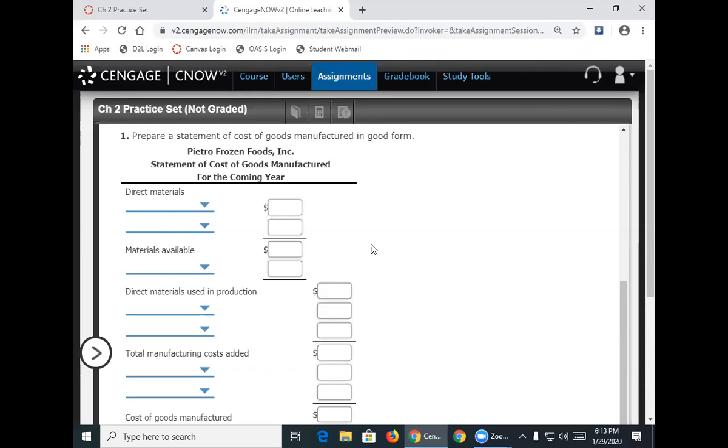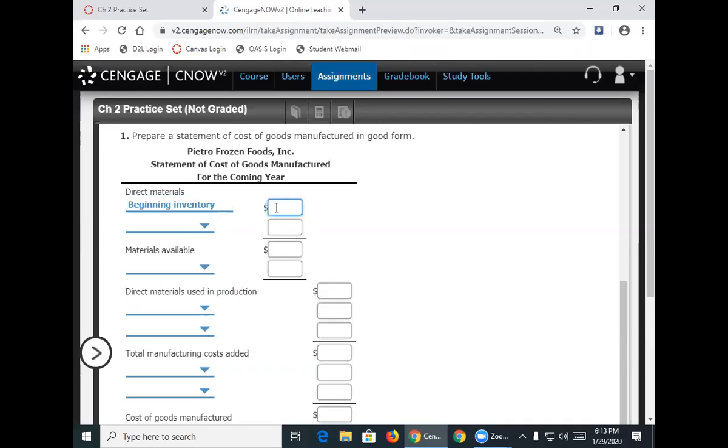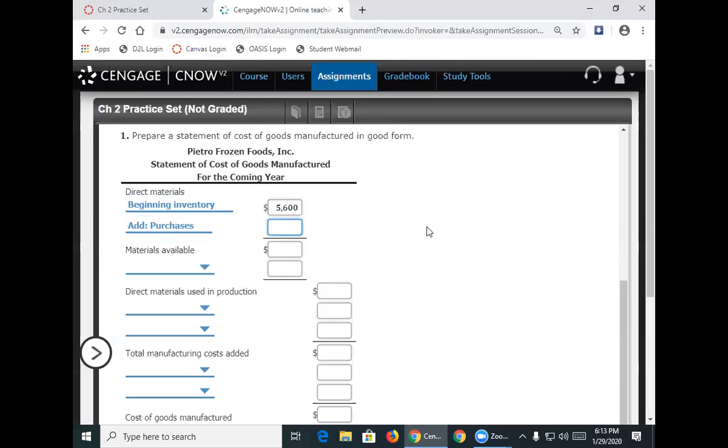So now we just put it in statement form. We start with beginning inventory, 5,600. We added in our purchases, which was 119,300.